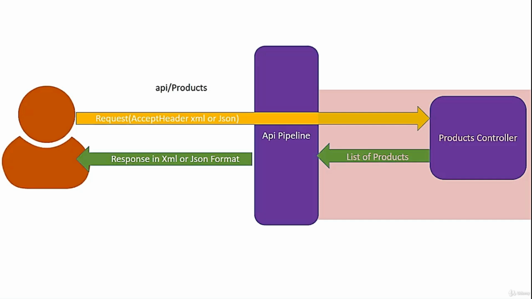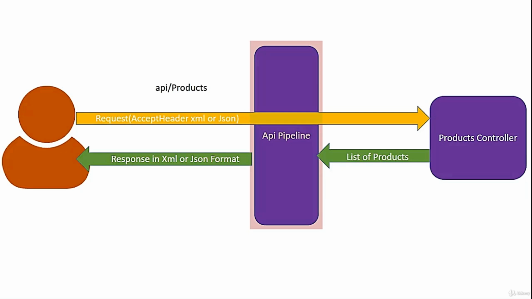It's going to hand that list to the Web API pipeline, which then looks at the accept header, and depending upon the format which the client has requested, Web API will choose the appropriate formatter for formatting the data. For example, if the client has requested XML data, Web API uses XML formatter. If the client has requested JSON data, Web API uses JSON formatter. These formatters are nothing but classes, and they are called media type formatters.